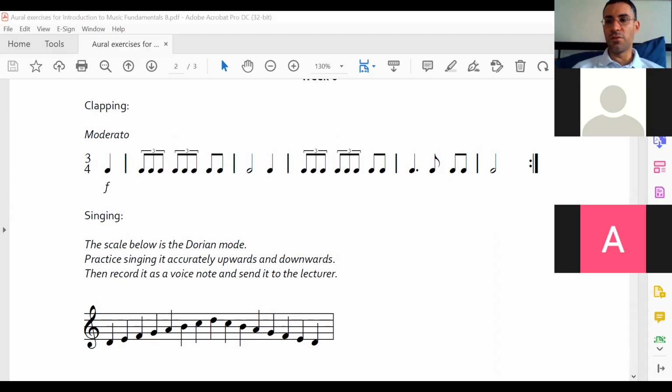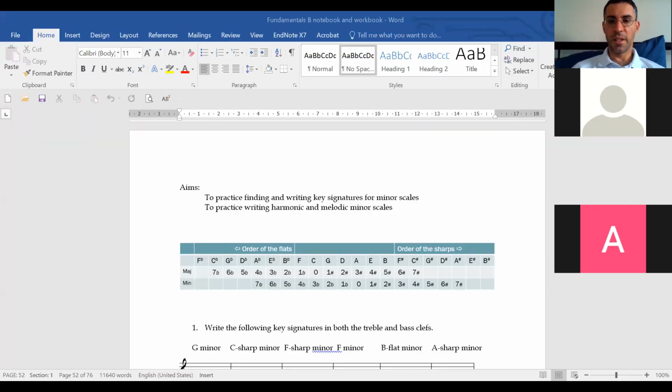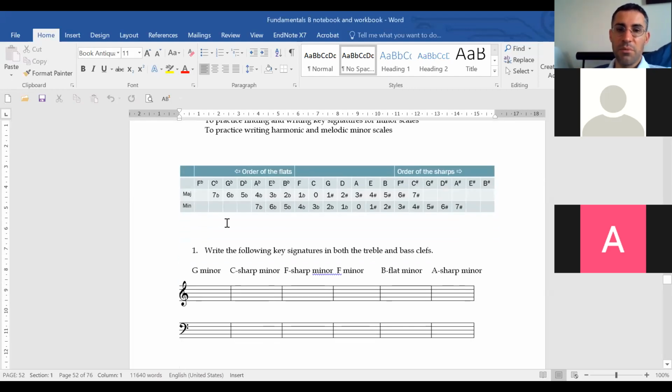Let's have a look at your worksheet for this week so that you can see what we're dealing with. And this week's worksheet is number 5. So let me just share that for you now. All right, so here is worksheet 5. And you'll see that I've put that little table there for you to refer to.